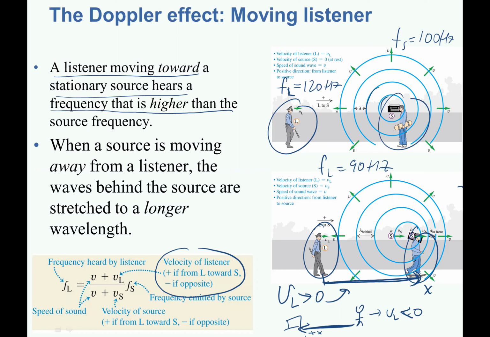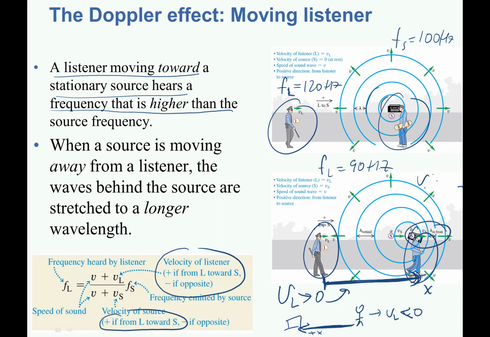All right, same thing with the velocity of the source. It's positive from L toward the source, and negative is opposite. That means, for example, in this case, I have the direction from the listener to the source to the right as the positive direction. My source is now moving in that direction, also to the right.